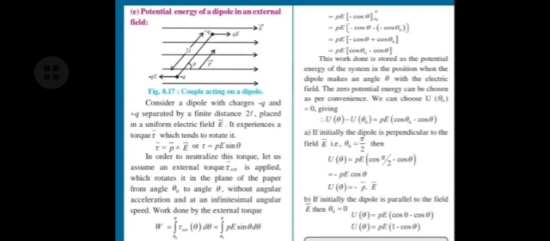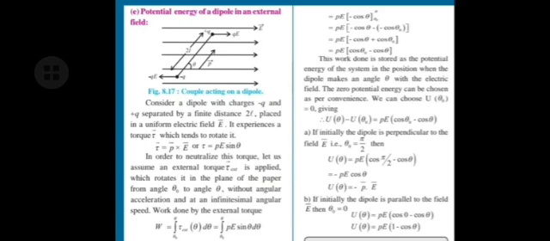So we will choose that the electric potential energy at theta 0 is equal to 0. So change in potential energy is U theta minus U theta 0. But U theta 0 is 0, so the difference is U theta, which is equal to PE into cos theta 0 minus cos theta.